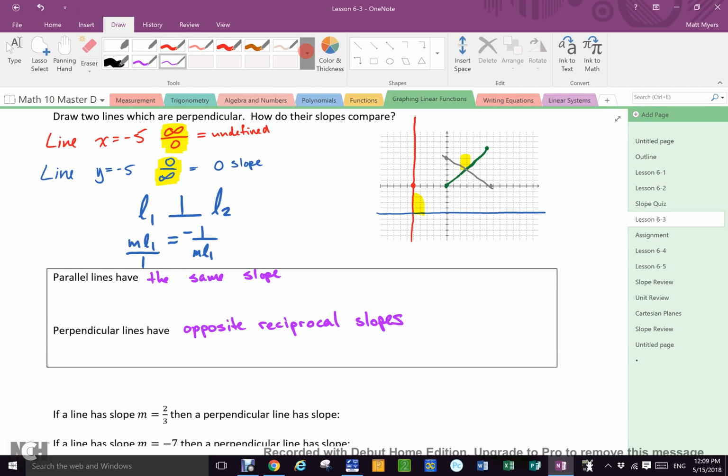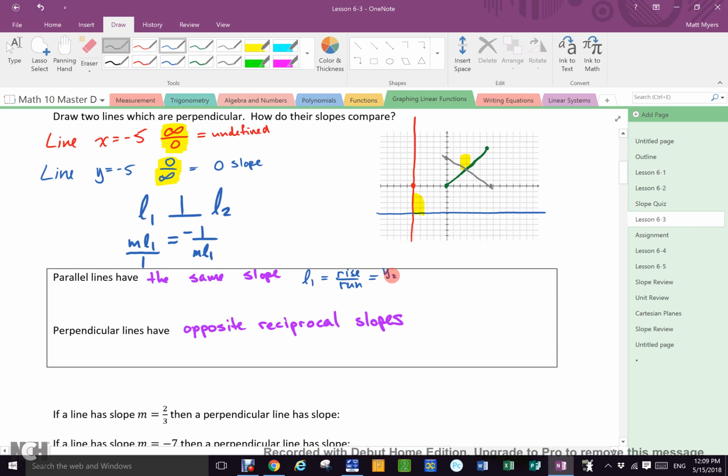So, if you get that, then you should understand this. If I have line 1, what are some ways I can find rise over run? What are some ways I can find slope? Rise over run. What's another way I can find slope? Algebraically, which is what? Kieran?